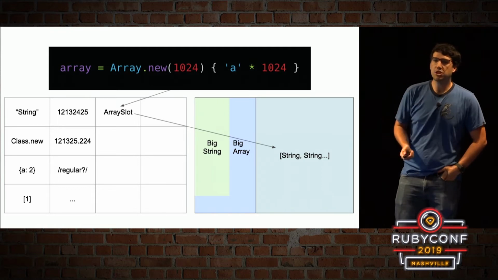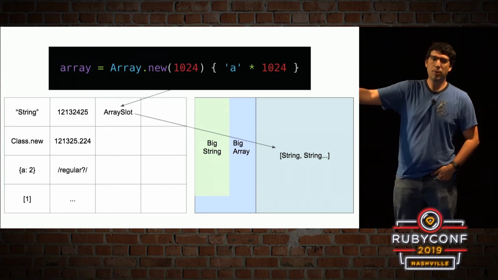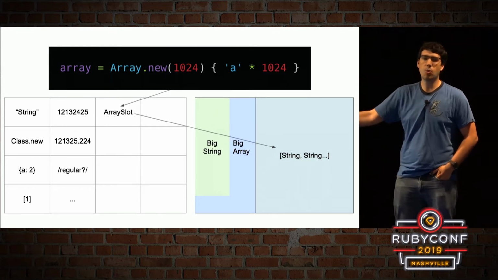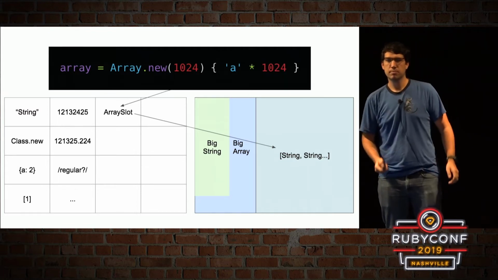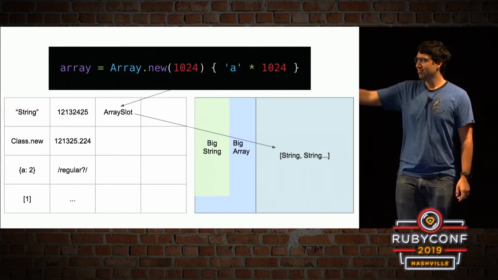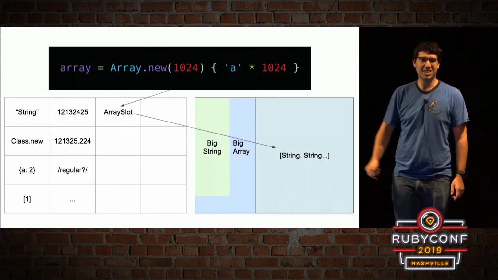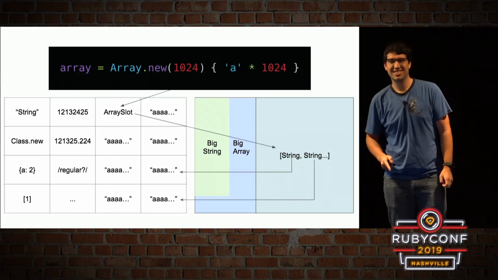So when we allocate this array, first we have our array slot, and that array slot is going to use those 40 bytes to tell you where in the OS heap to actually find that array. Everyone with me? Yeah. But this is an array of strings. Each of those strings needs a slot.